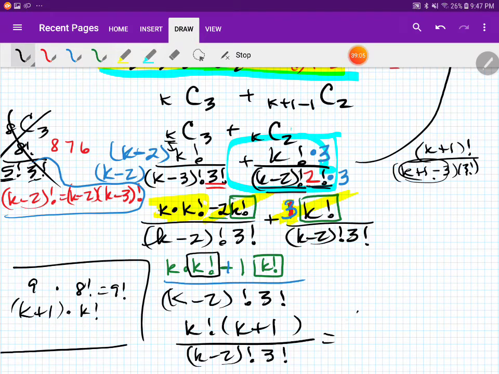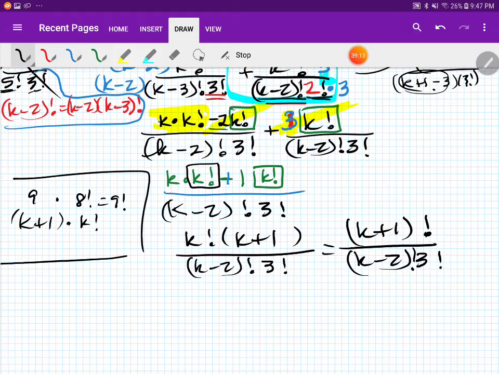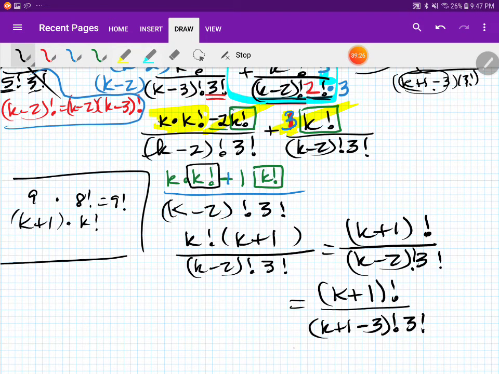So this is k plus 1 factorial over k minus 2, 3 factorial, which is k plus 1 over k plus 1 minus 3 factorial, equals k plus 1 choose 3.